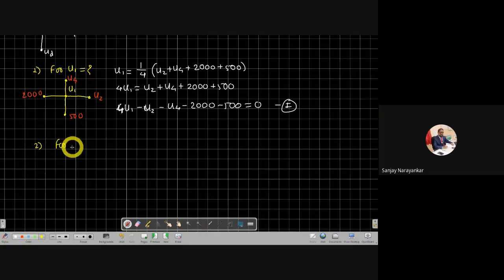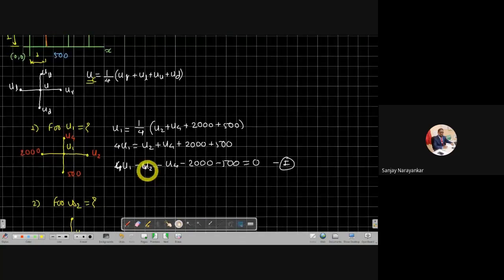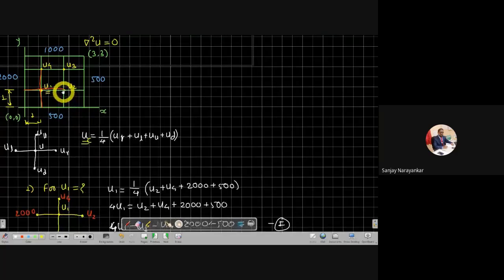For u2, we will prepare a grid again. So this is u2. Now, from this, can you tell me the top value, right value, left value, and bottom value?